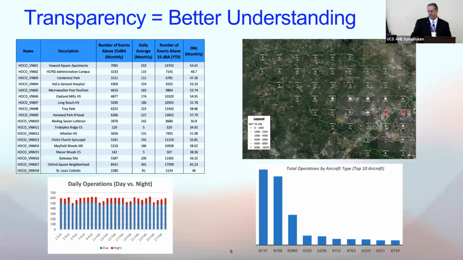We can break it down into any category that you want as far as aircraft types, engine types, whatever, and it's customizable. We have worked with the community around BWI to get the metrics, the graphics and the report in such a fashion that it is most easily digestible by the layperson.